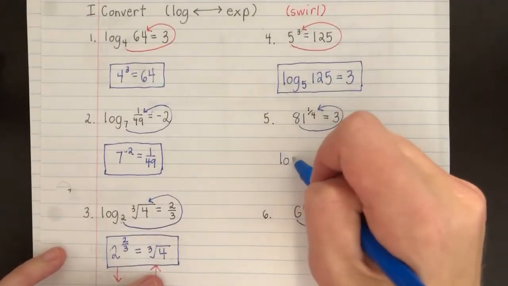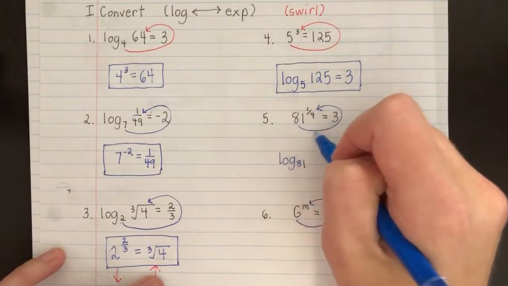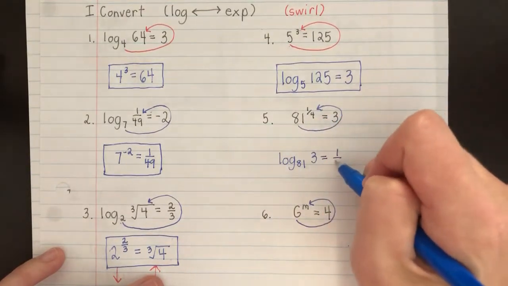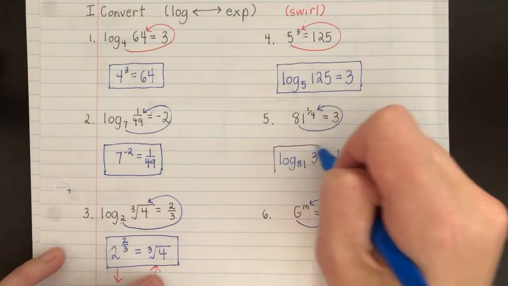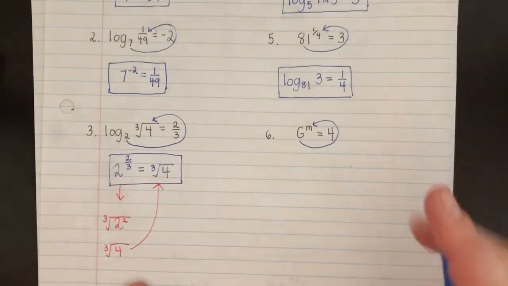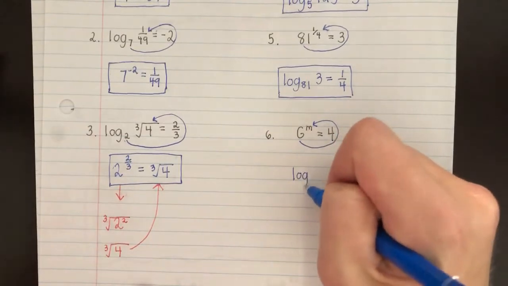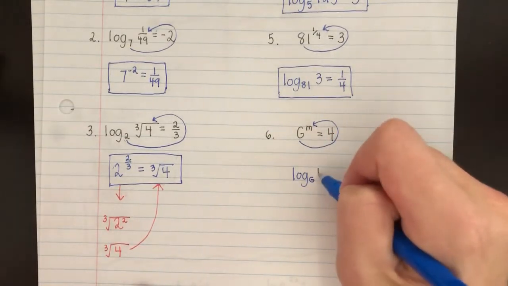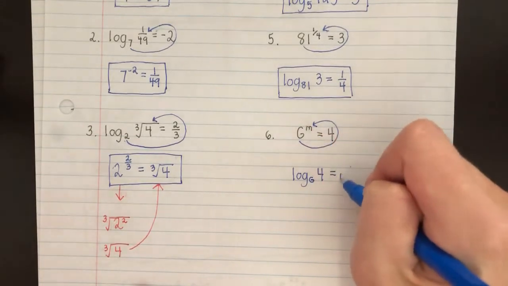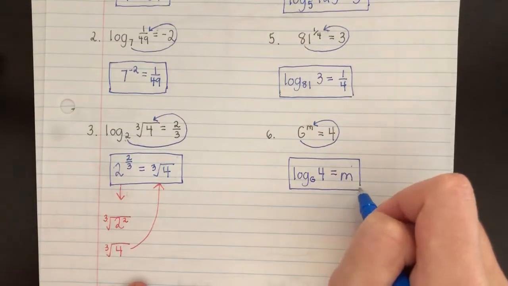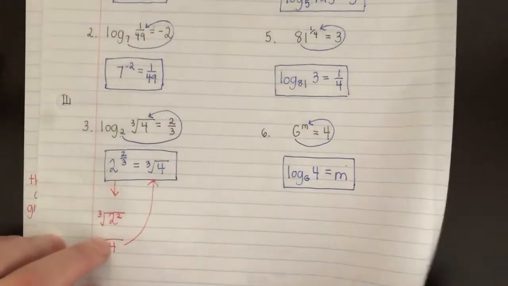Here, log base 81 of 3 equals 1/4. And then last but not least here, log base g of 4 equals m. Okay, so in a nutshell, that is converting.